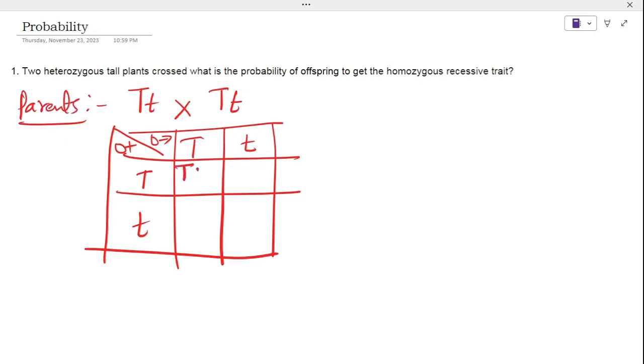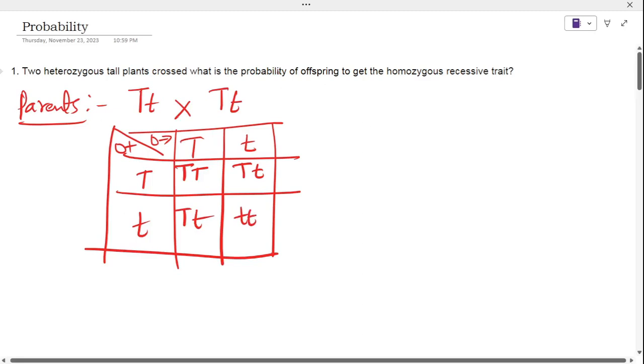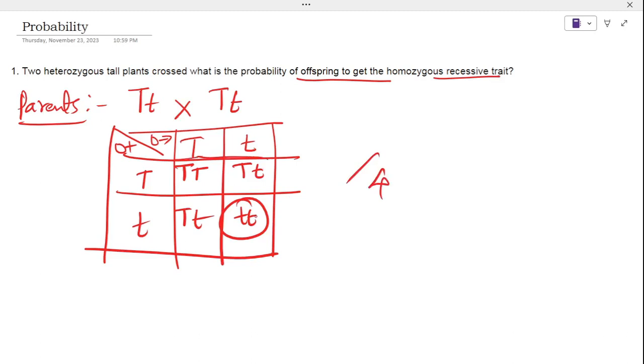Here we have homozygous tall, heterozygous tall, and then homozygous dwarf plant. What is asked here? The probability of offspring getting the homozygous recessive. Total population is 4, and the homozygous recessive is 1 out of 4. The total probability is 1 by 4.